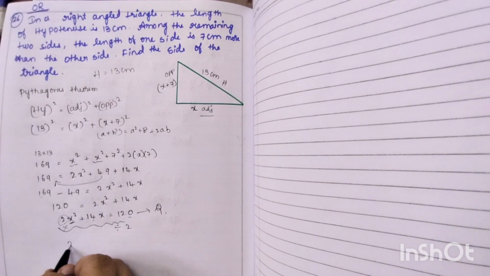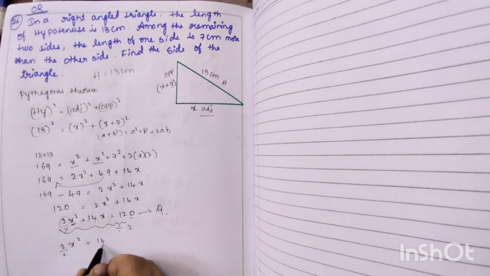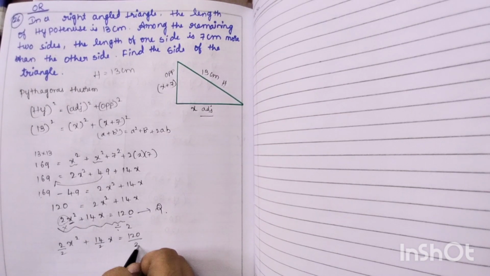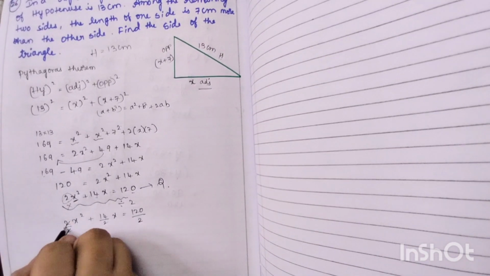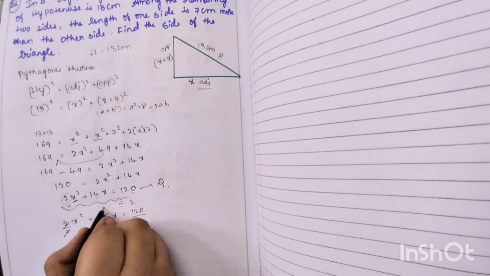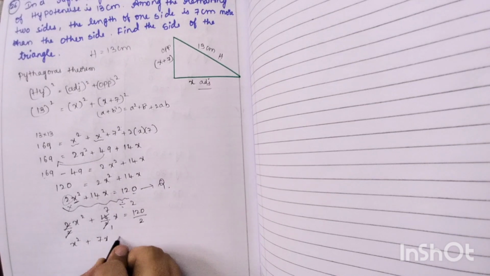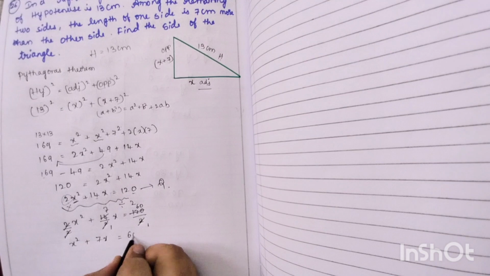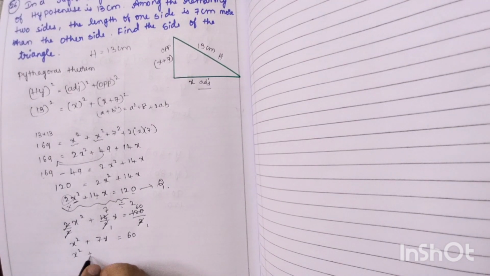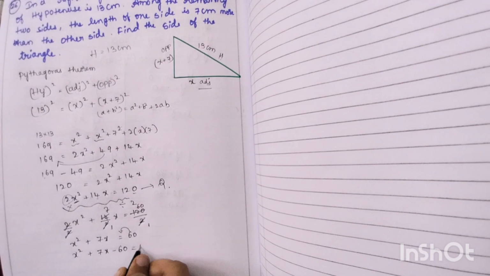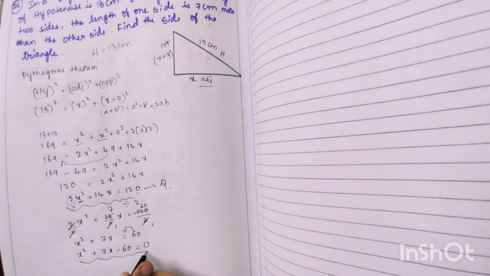Then 2 divided by 2 x square, plus 14 divided by 2 x, is equal to 120 divided by 2, right? So 2 ones are 2, 2 sevens are 14, so 7x, is equal to 2 sixties are 120, so we got 60. So x square plus 7x, if we send this aside, minus 60 is equal to 0. So find the factors for this.